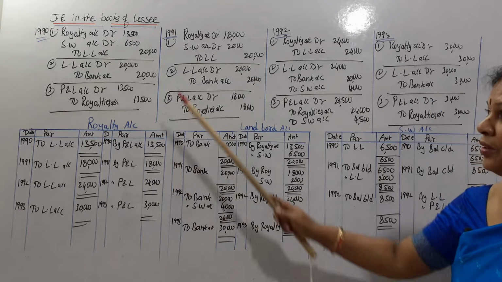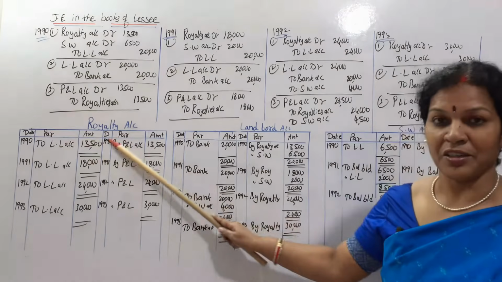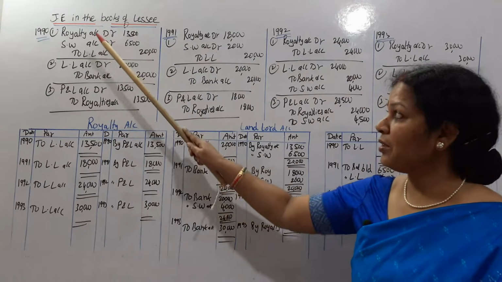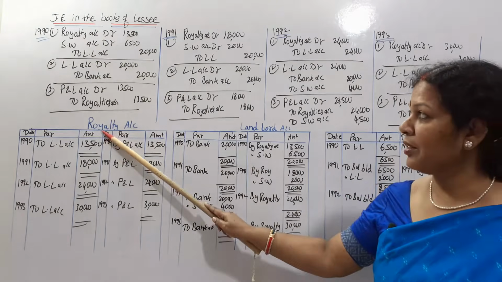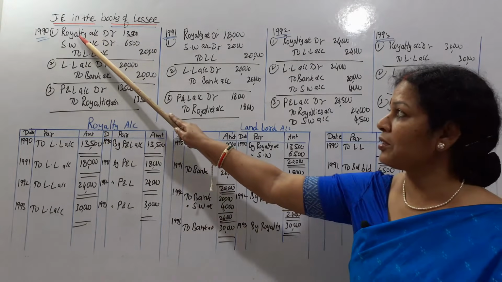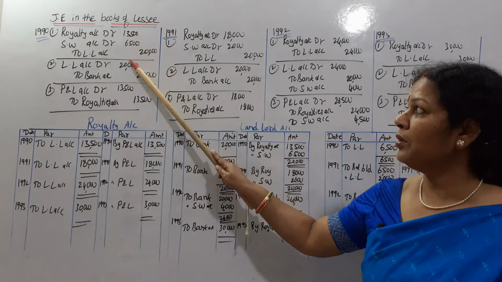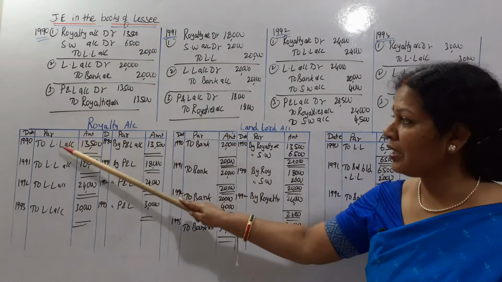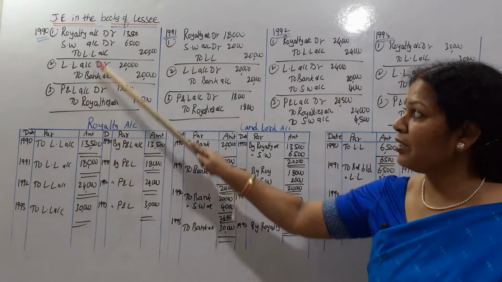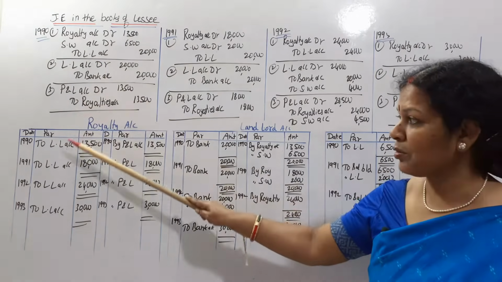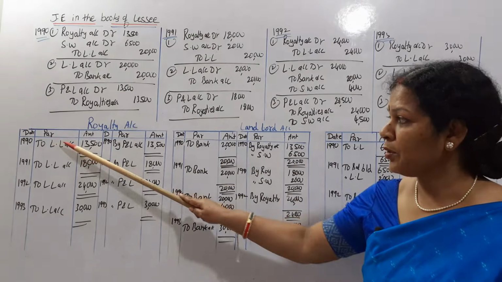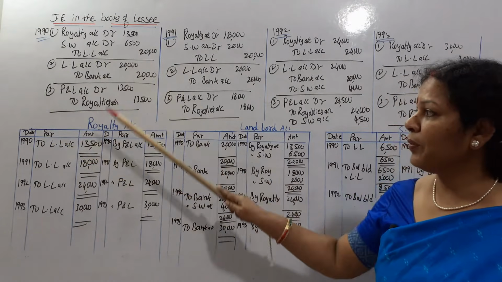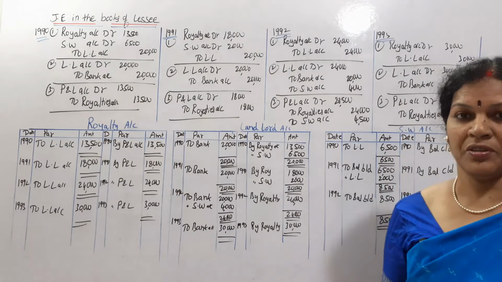Posting, you know, first we will focus on the 1990 year. First we are focusing on royalty account. Royalty, where is royalty? It's here. Royalty account attached to landlord, so royalty is on the debit side. So we are taking it on the debit side. Royalty, opposite one is landlord. So to landlord, 13,500, this one we have posted.